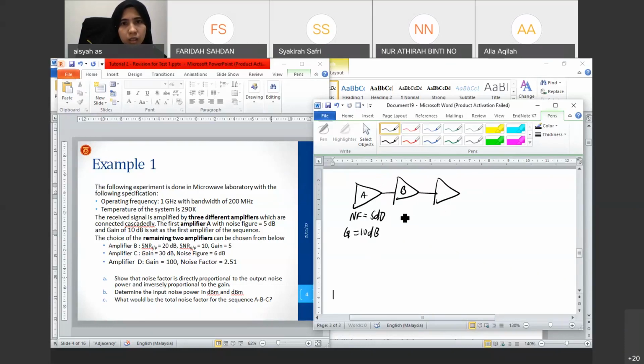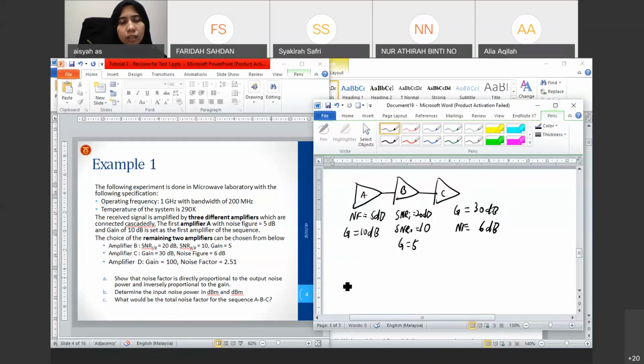For B, SNRI is 20 dB, SNRO is 10, and G is 5. For C, G is 30 dB, and F is 6 dB.